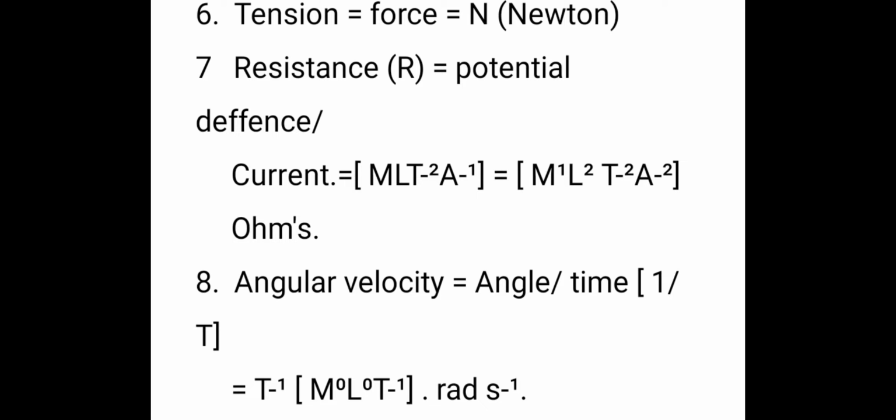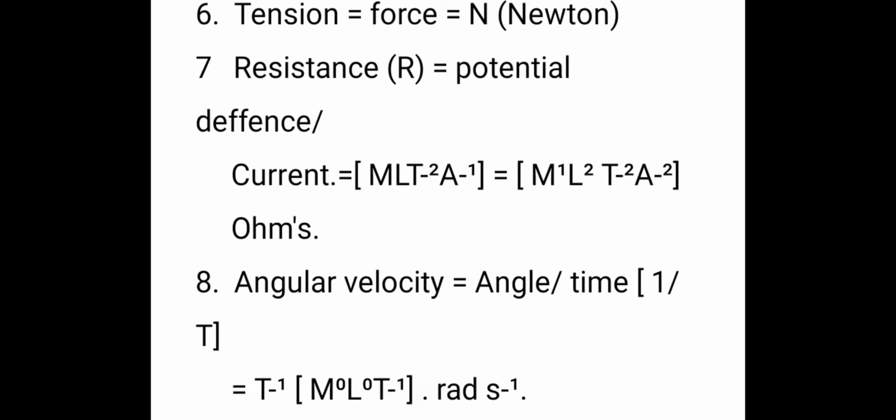When V is directly proportional to I, we have to remove the proportionality, so V is equal to IR. This is the main important Ohm's law. The dimensional formula of resistance is M1 L square T minus 3 A minus 2.